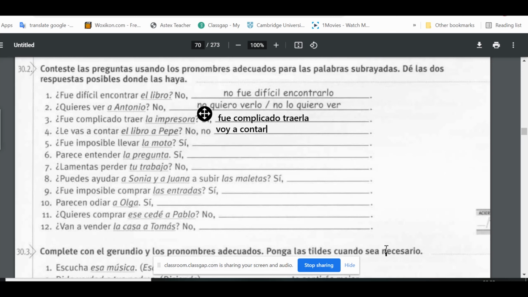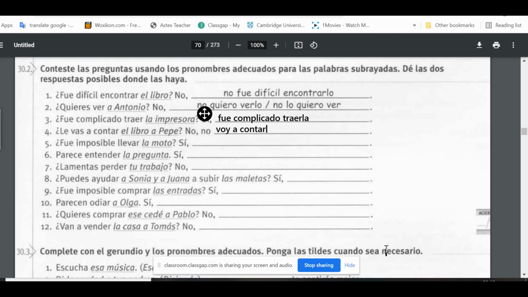One is the book and the other is Pepe, so there are two things. When you have two of them, that means there is an indirect and a direct object, right? So the book is the direct object, because this is what you tell. Pepe is the indirect object. When you have these two, the first one is always going to be the person, the indirect object.